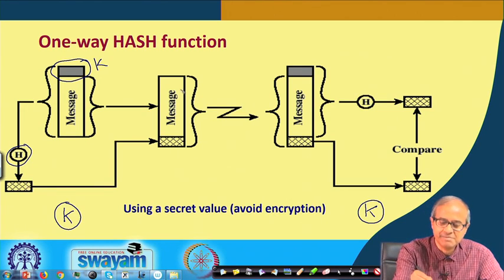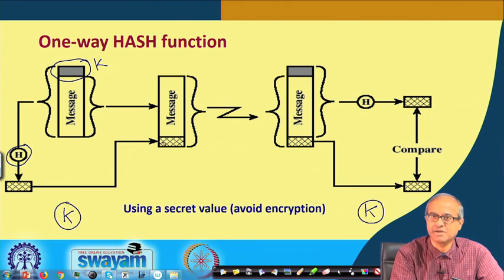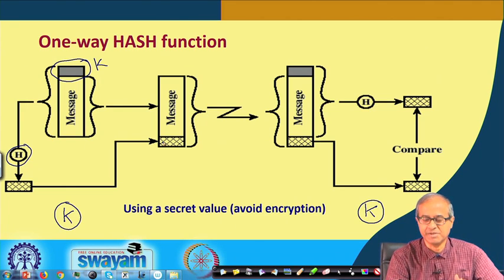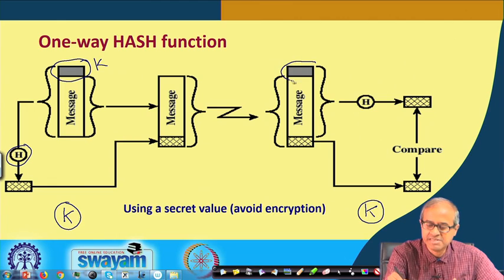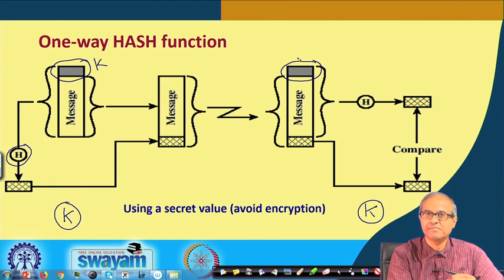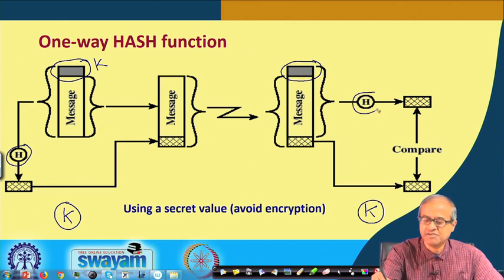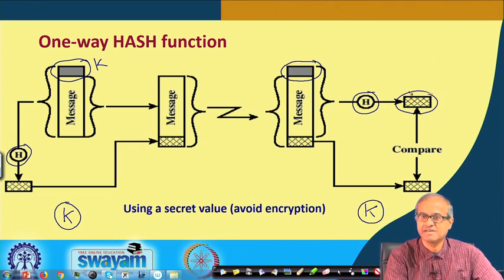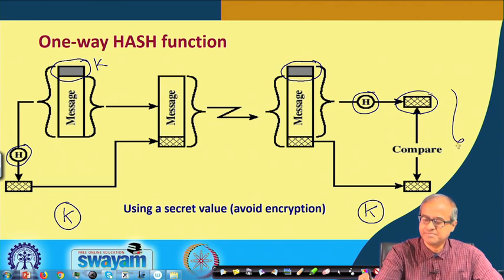So I send only the message, not the k, along with the hash value I compute here. At the other side something similar happens: the message is received, but the same value k is also present with the receiver. The receiver again appends k to the message, applies the hash function, gets a hash value, and then compares.